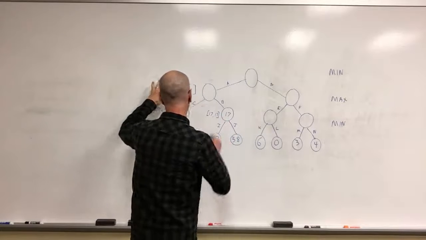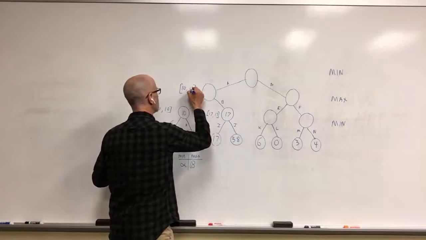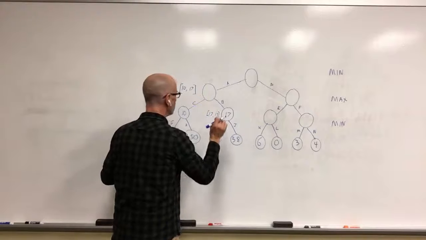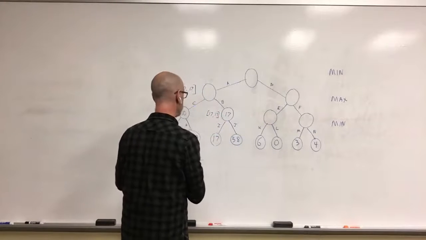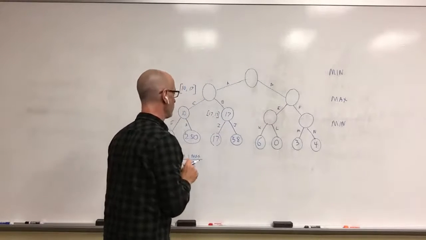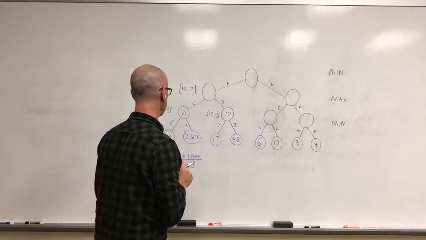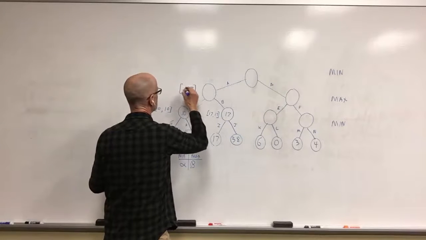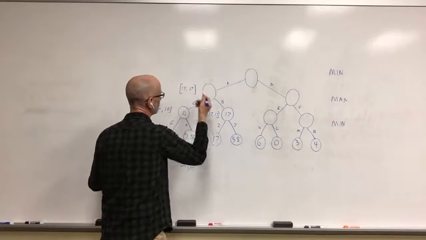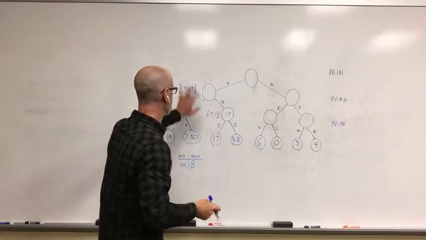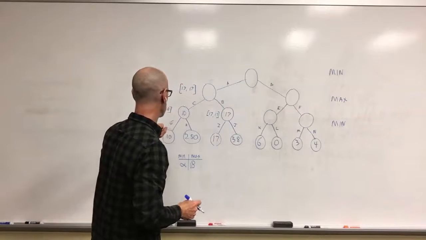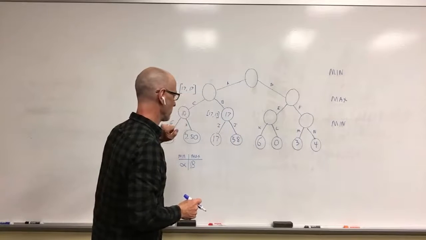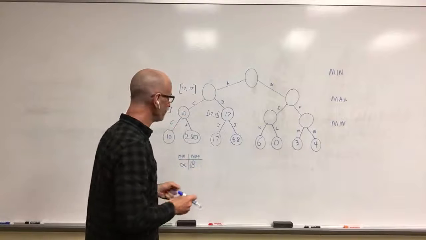So its max has gone up to 17, and it'll reset its min value to that too, because it knows it can get a 17 now. So we'll keep those values the same once we have established them.